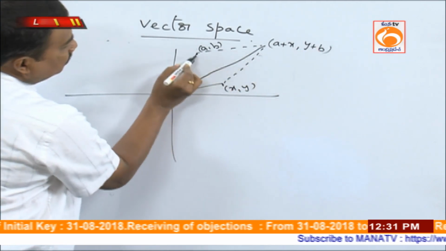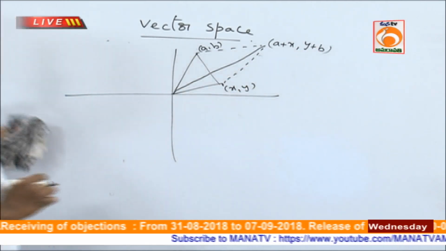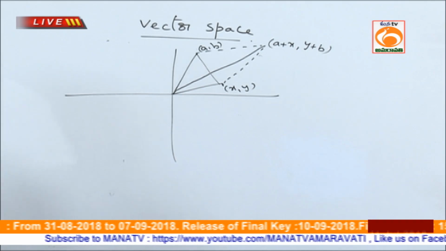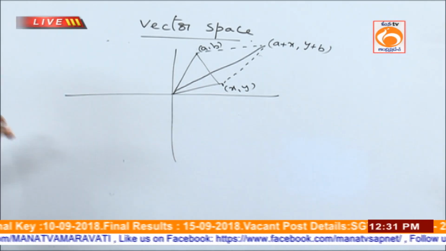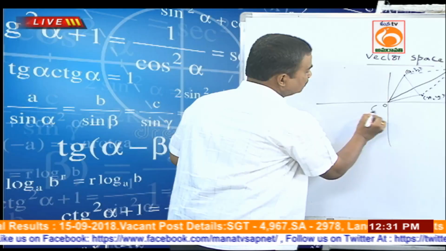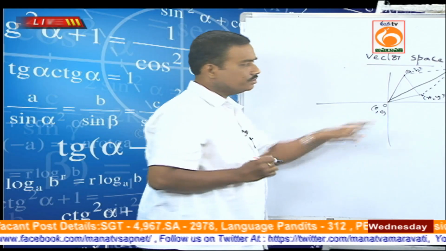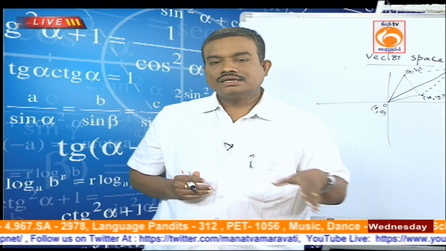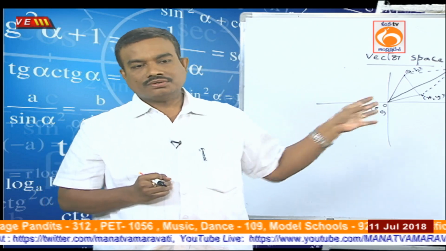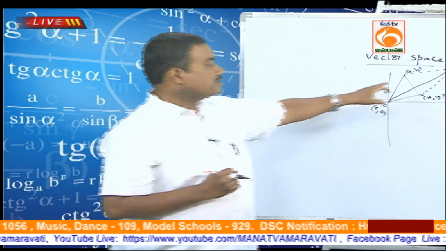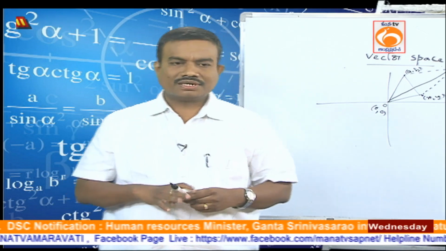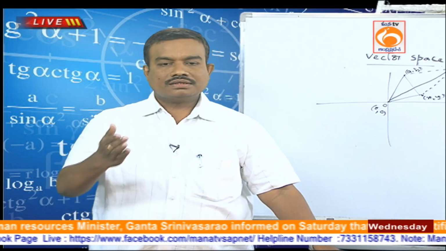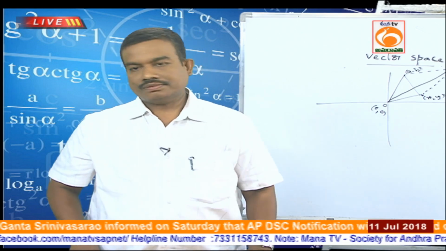How? Because the important property of a parallelogram is that the diagonals bisect each other. Use that property, and we already know this vertex is (0, 0). Using this fact and the formula for midpoint, you can easily find that this vector corresponds to (a + x, y + b). So, this is the geometrical significance of the V given in this problem.